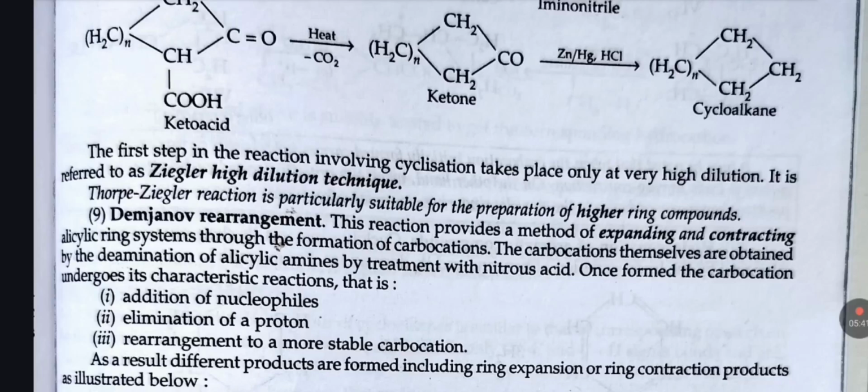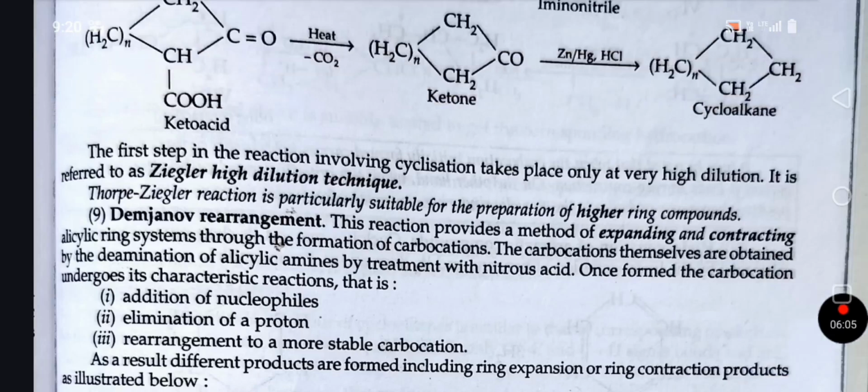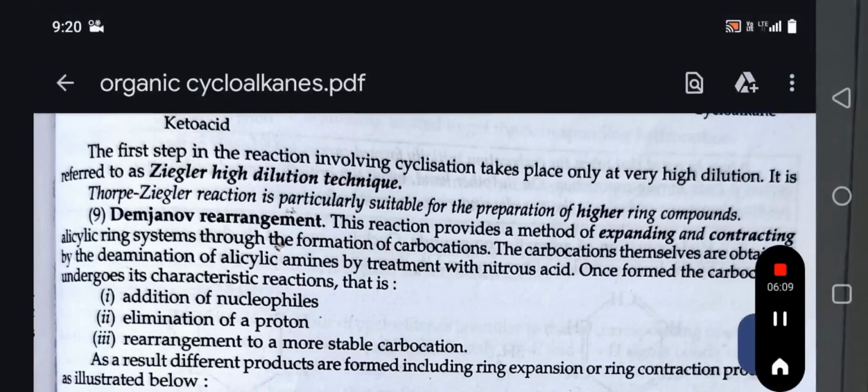Once formed, the carbocation undergoes its characteristic reactions, that is, addition of a nucleophile, elimination of a proton, and rearrangement to a more stable carbocation. As a result, different products are formed, including ring expansion or ring contraction products, as illustrated below.